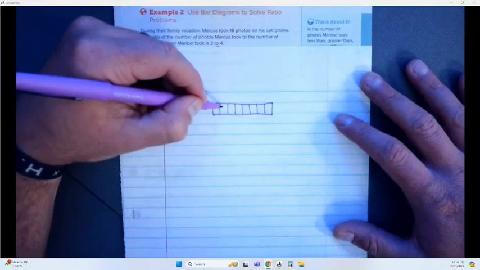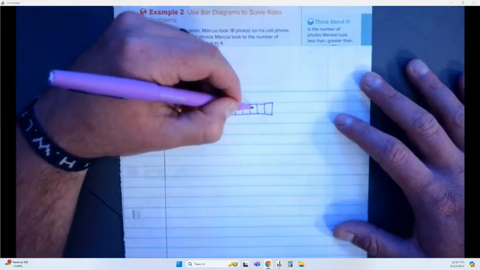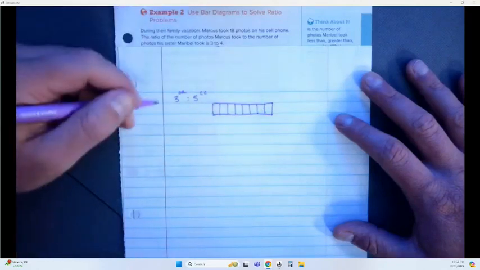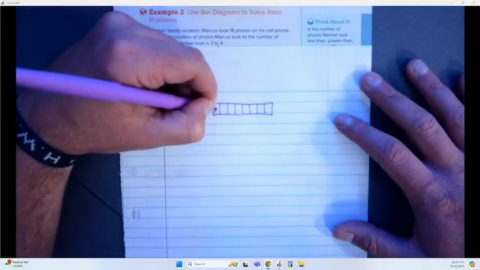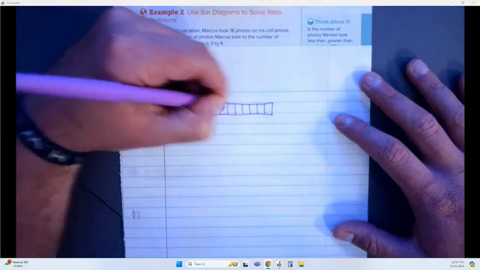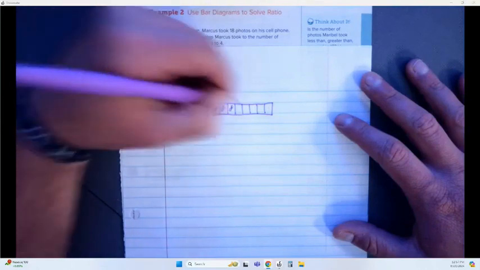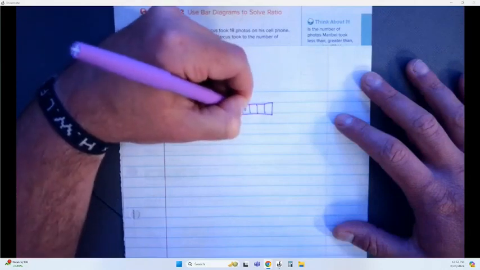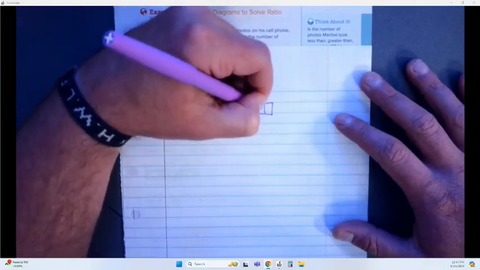I've got 1, 2, 3, 4, 5, 6, 7, 8. Okay, and I know 3 are my oatmeal raisin, and 5 are my chocolate chip. Now my question asks me, if 27 people said that they prefer oatmeal raisin cookies, how many said they prefer chocolate chip?